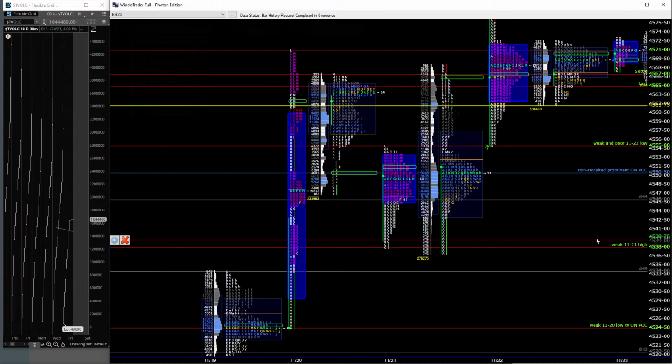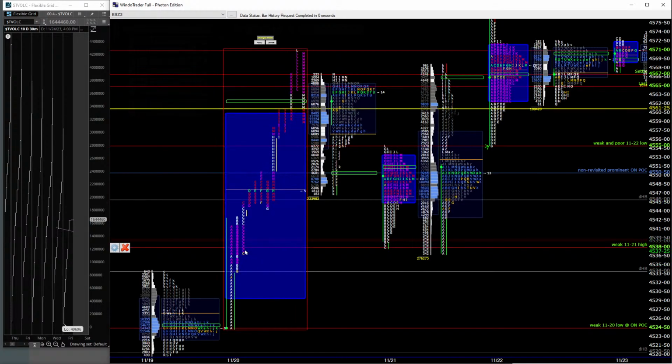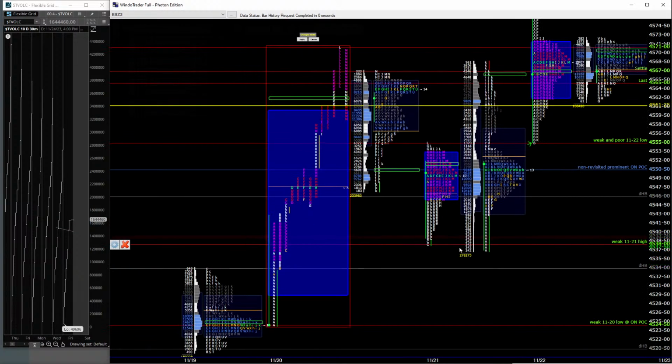What happened? I call this a weak low, because there's a significant amount of buying here. I don't know if it was here or here. I believe it is here. It's really close. It is close also to this C low here. I don't know why I call it weak.